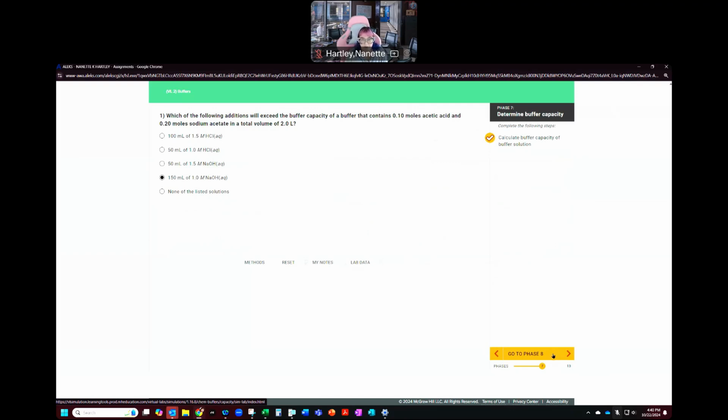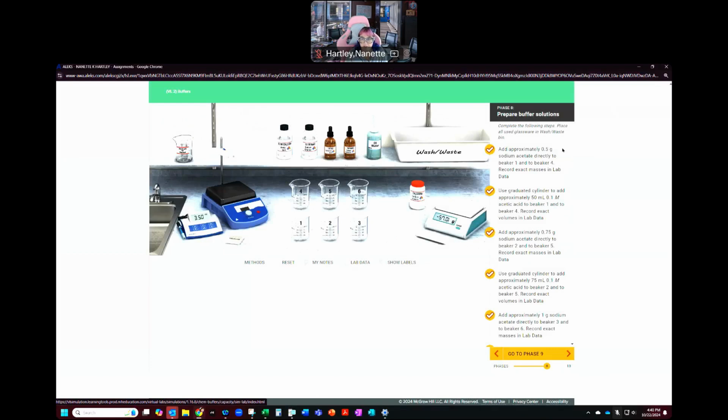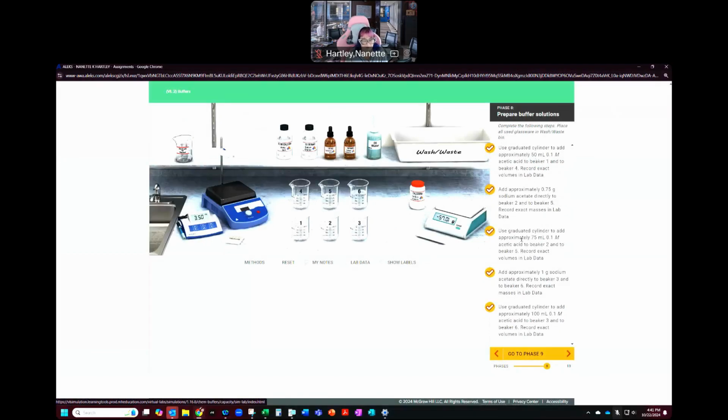And in the next set of solutions that you're going to be talking about, you're going to be setting up a couple of different scenarios where you're making different amounts of sodium acetate with acetic acid. So you'll have 3 different scenarios that you set up with sodium acetate and acetic acid, and they're going to be asking you which is the best setup.